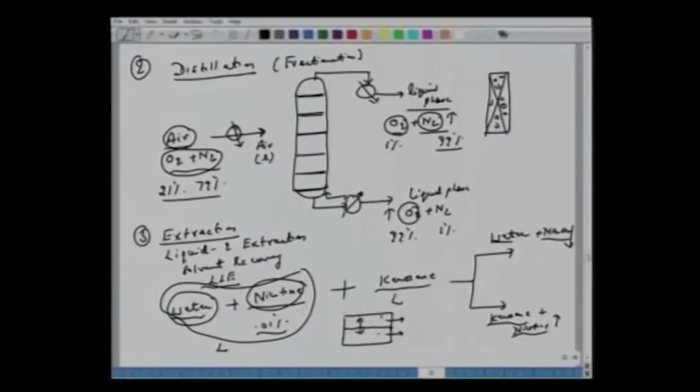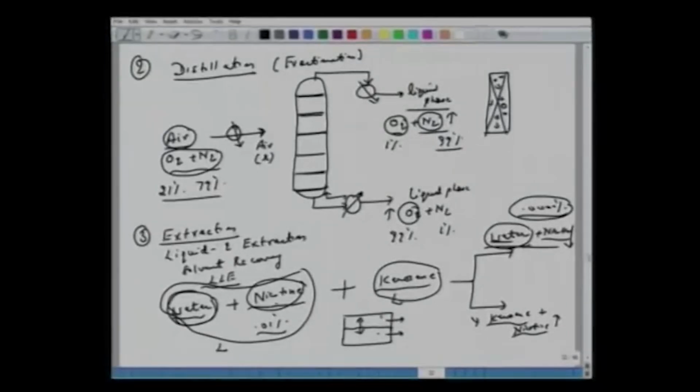It's possible that certain kerosene will also appear here and certain water will also appear. That's possible. But what we have done essentially is bring down the level of nicotine in this water by bringing in another liquid, kerosene, so that now this water, which contains a very small amount of nicotine, may be acceptable for whatever purpose we have.